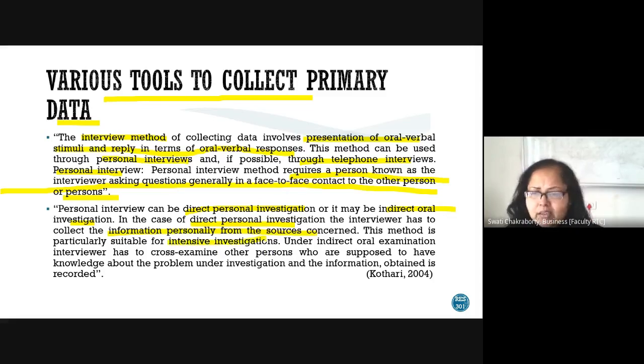On the other hand, in indirect oral examination, the interviewer has to cross-examine other persons who are supposed to have the knowledge about the problem, who are experts, right? And the information obtained is recorded.